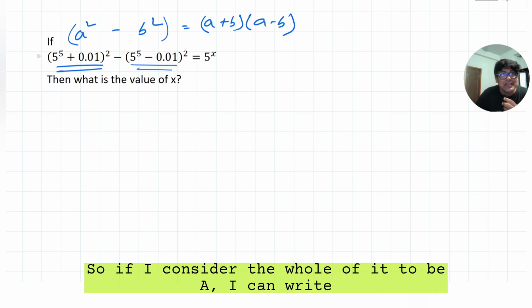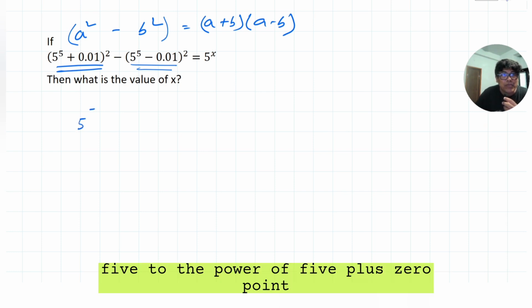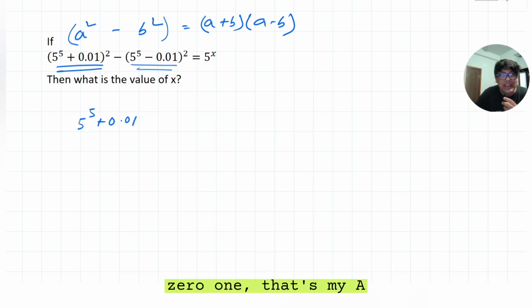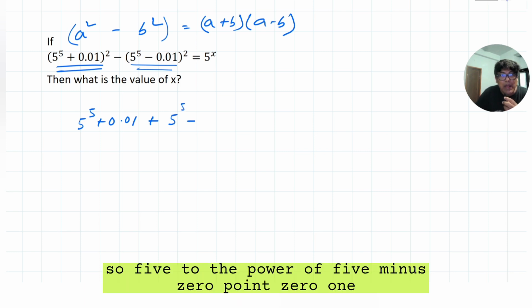So if I consider the whole of it to be a, I can write 5 to the power of 5 plus 0.01, that's my a, plus this whole of it is b, so 5 to the power of 5 minus 0.01.